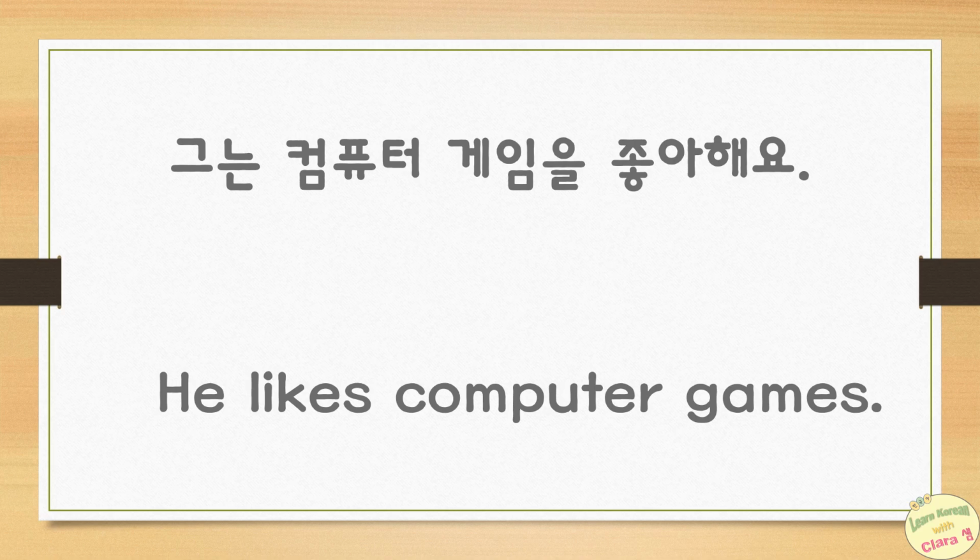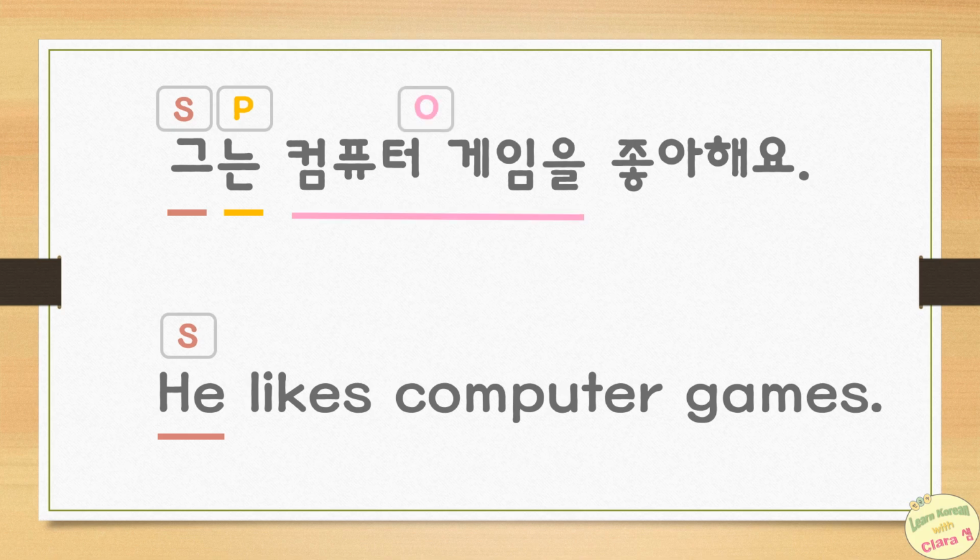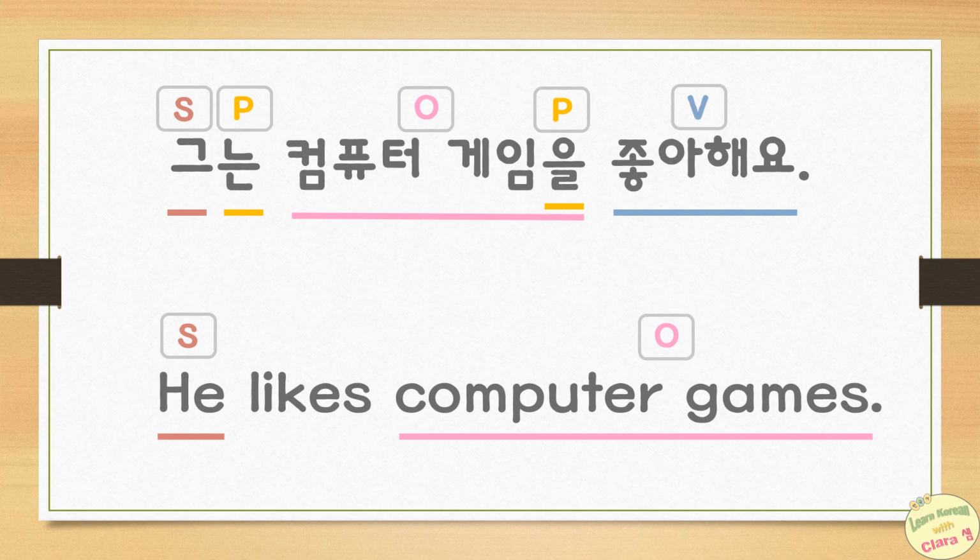Let's now look at an example with an object in the Korean sentence. 그는 컴퓨터 게임을 좋아해요. The subject, 그, followed by the topic marking particle 는, then the object, computer game, followed by the object particle 을, comes just after the subject, unlike English, in which it is found after the verb likes, and finally the verb 좋아해요 comes at the end.